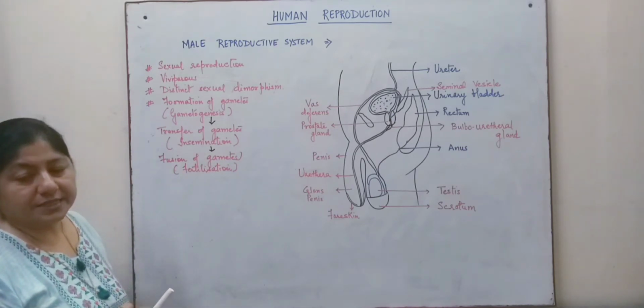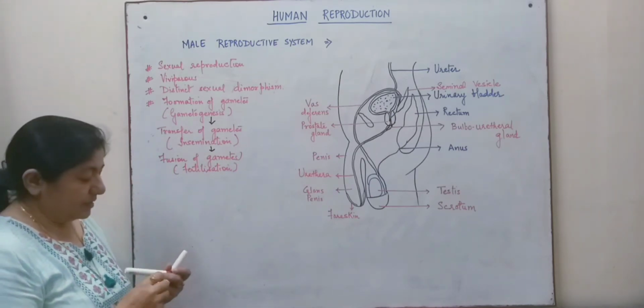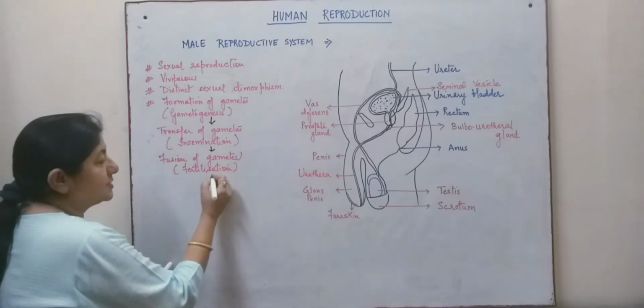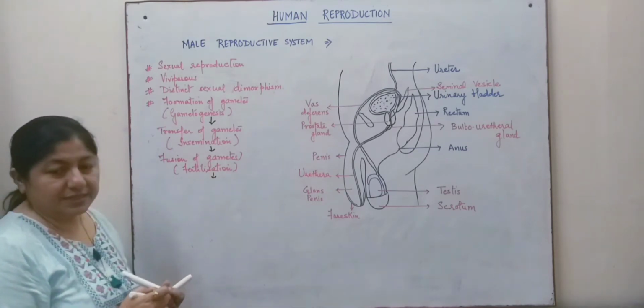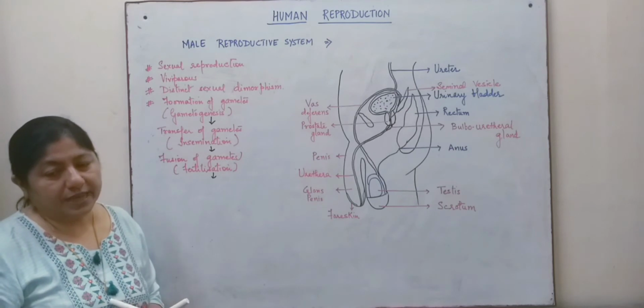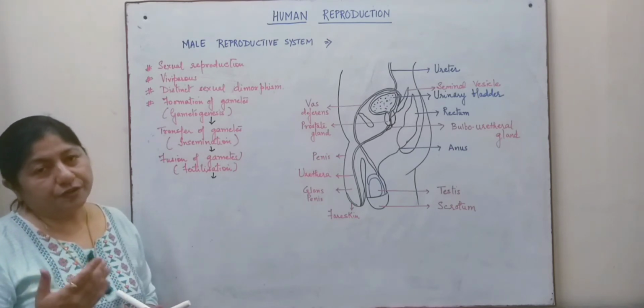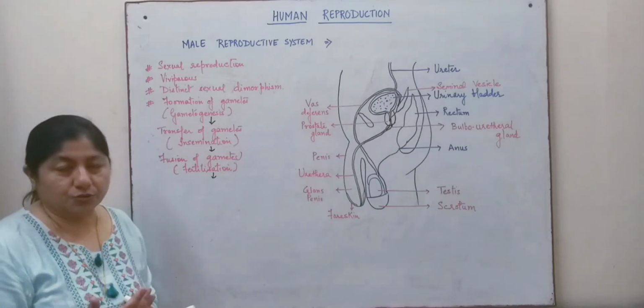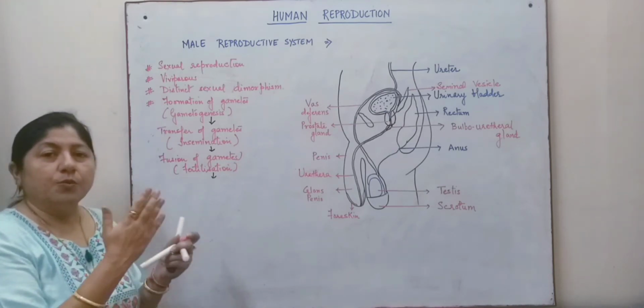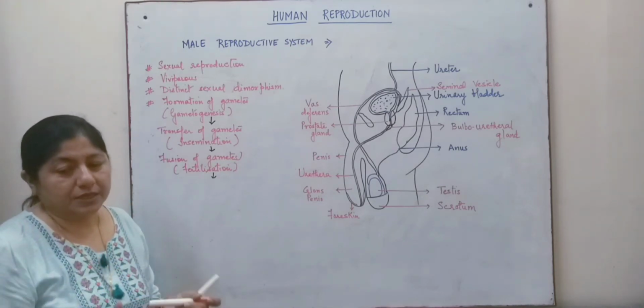After the fertilization has happened, there is formation of the zygote. And this formation of the zygote leads to the further development of the blastocyst. That means the zygote will develop as blastocyst.